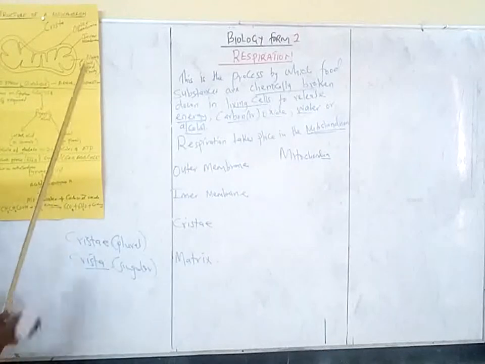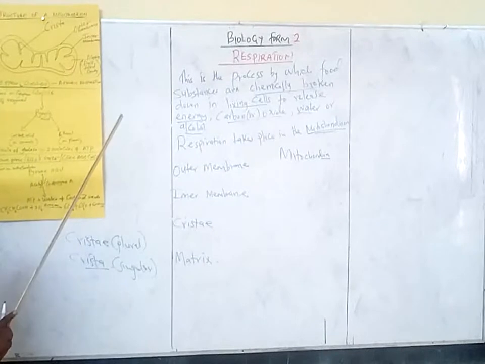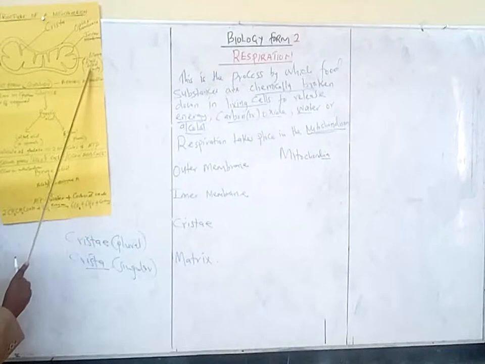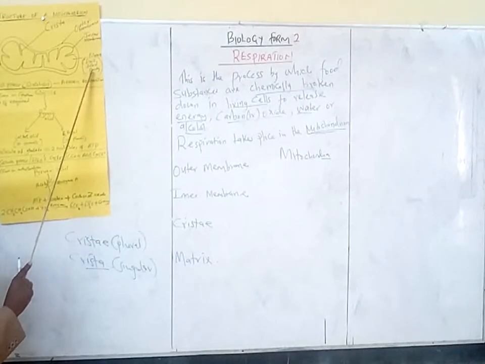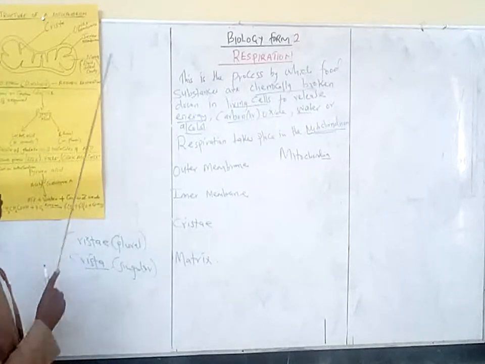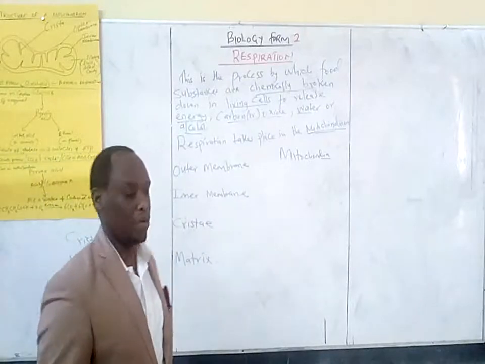The other thing we need to understand is that there is a space in here which is called the matrix. This space is filled with a fluid. It is a cavity that is fluid filled. And this matrix is where respiratory enzymes are found.